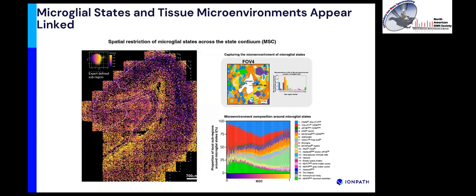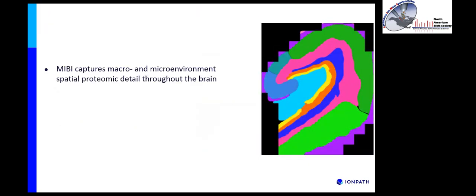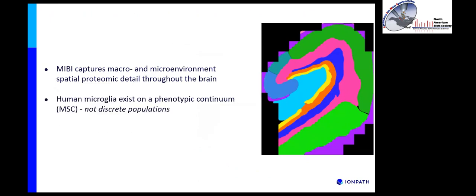And you can also see that the microglial state continuum varies differently based on which subregion you are looking at in the hippocampus sample. So here, MIBI captured the microenvironment, spatial proteomic detail throughout the brain. And like I said, human microglia exist on a phenotypic continuum, not as discrete populations.